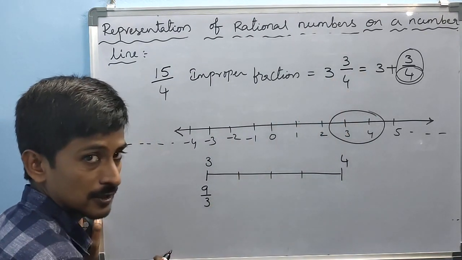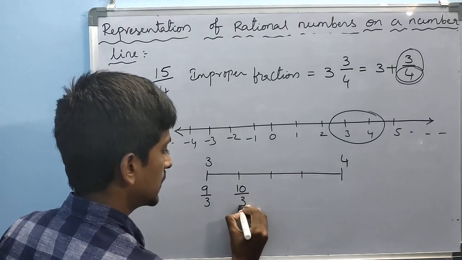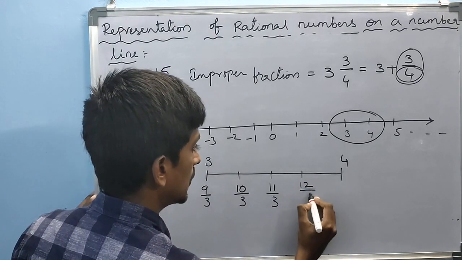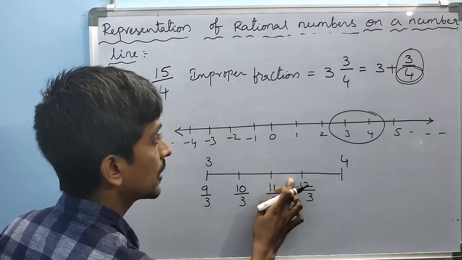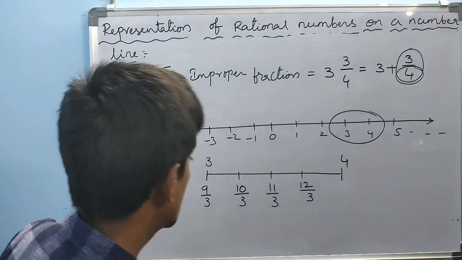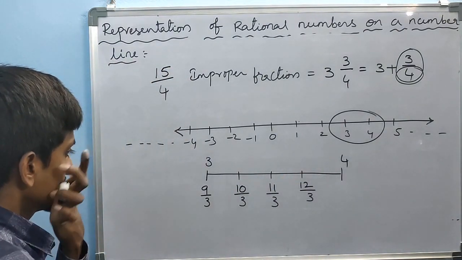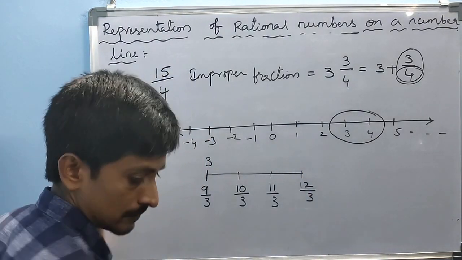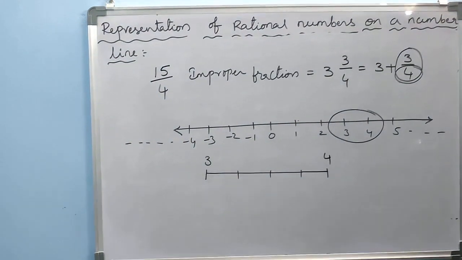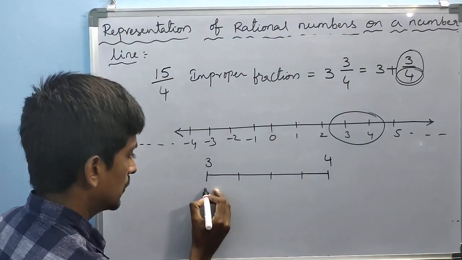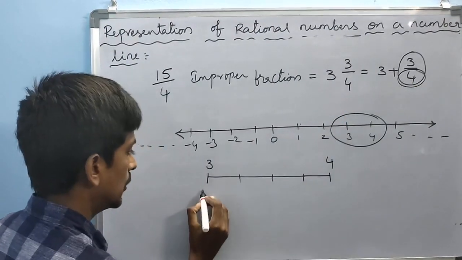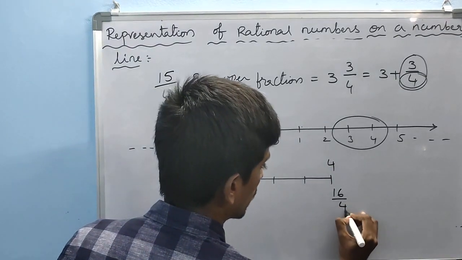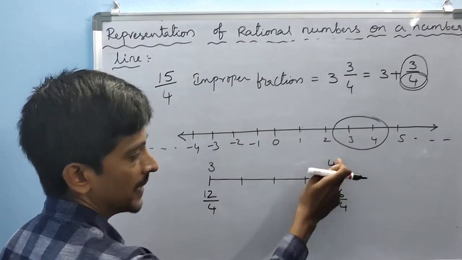9 by 3, 10 by 3, 11 by 3, 12 by 3. Okay, sorry. By 4. So 12 by 4 is 3, 16 by 4 is 4, with 4 equal parts. 16 by 4 means 4.